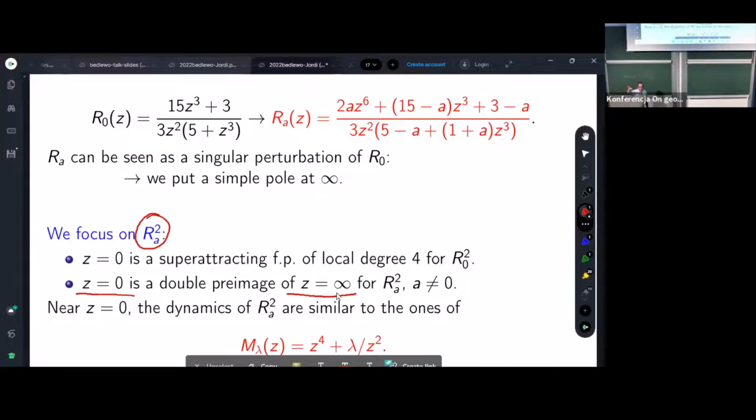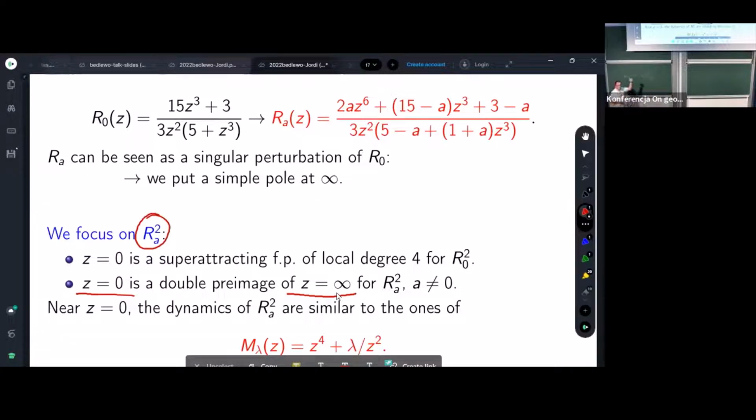Whenever I add the singular perturbation, I'm not touching the dynamics at 0. 0 is always a double preimage of infinity. For the first iterate, 0 is mapped with degree 2 to infinity. For the second iterate, there's a simple pole at infinity, which is a fixed point. So 0 is mapped with degree 2 onto infinity for the second iterate of R.